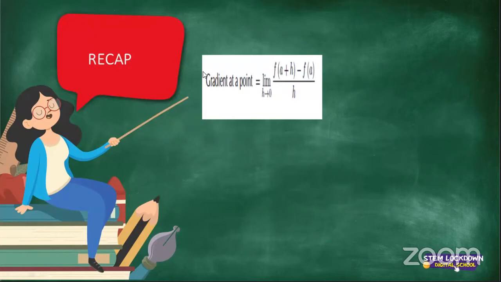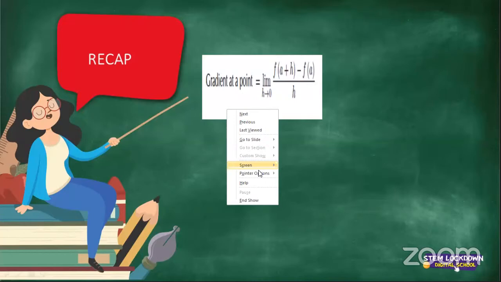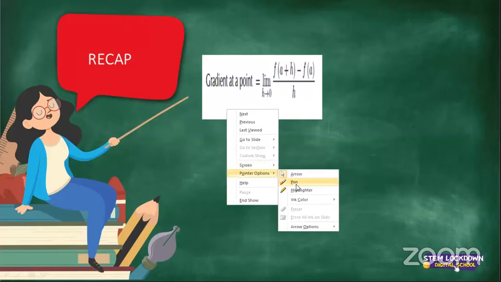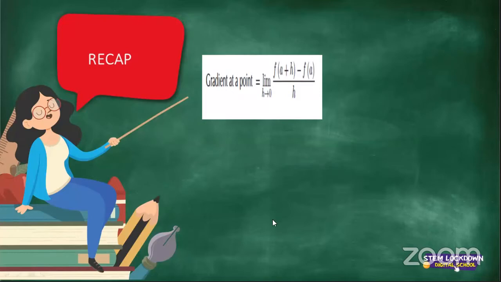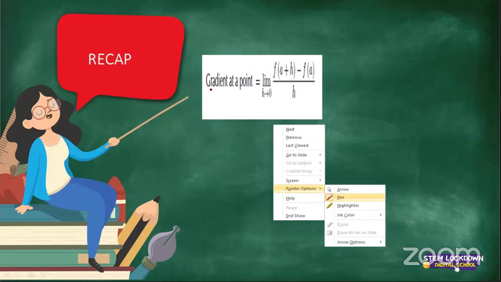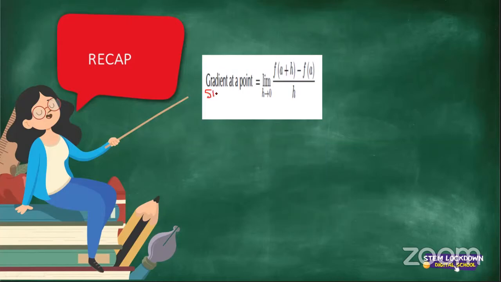So yesterday I was showing you that we learned that if we want to calculate the gradient or the slope, remember the gradient is the same as the slope, at a point, not the average gradient, because for the average gradient you need 2 points.